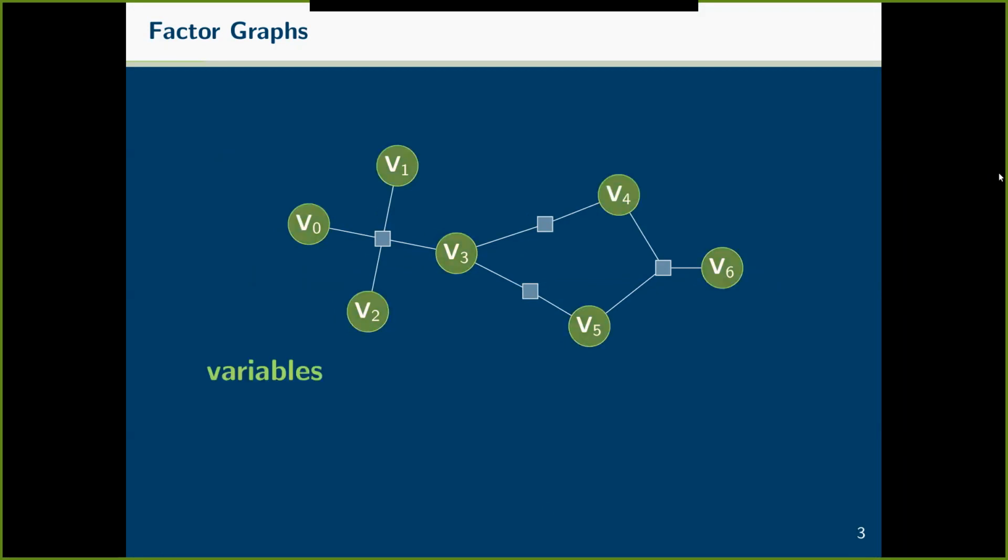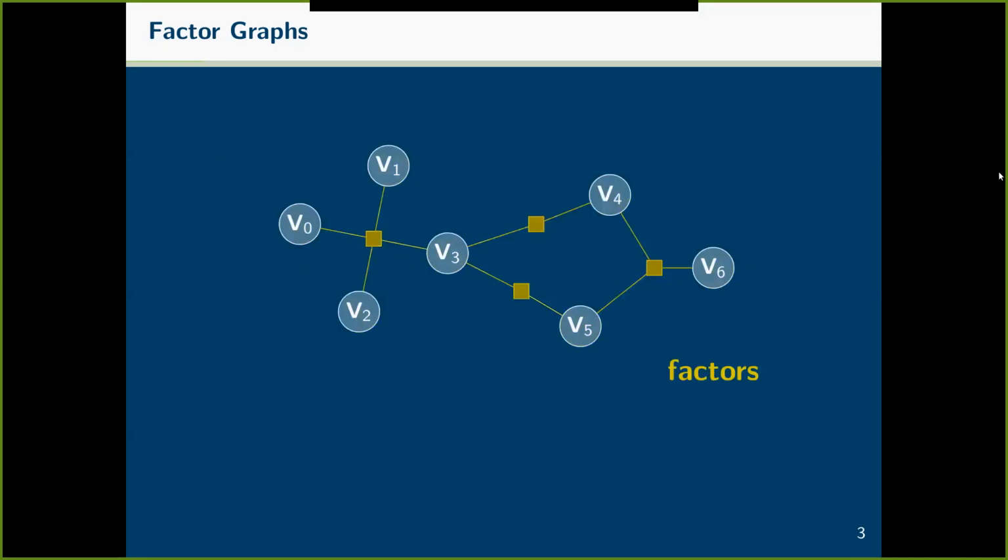These are the random variables in the model, and factors, which are a way of relating different variables in the model together. Each factor is associated with some function, and these factor functions will be multiplied together, and that's how you get the probability of an assignment under this model.